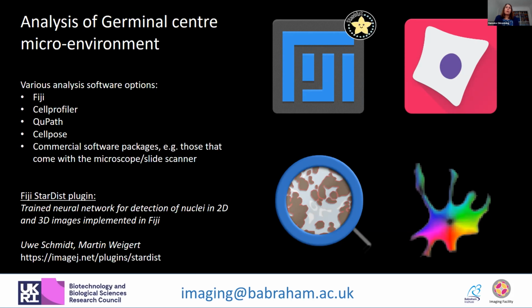For the purpose of this talk, I've used Fiji, and particularly I've used the StarDist plugin. If you are not aware of this, it's a very nice Fiji implemented trained neural network for detection of nuclei in 2D mostly, but also 3D. It was developed by Uwe Schmidt and Martin Weigert. Link over here.